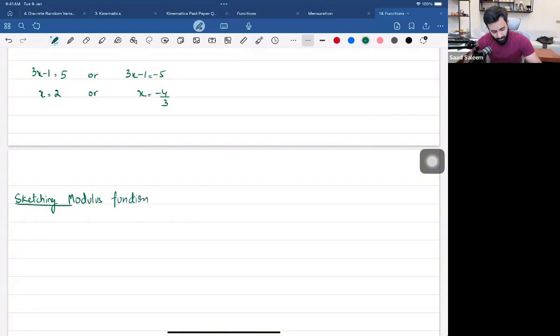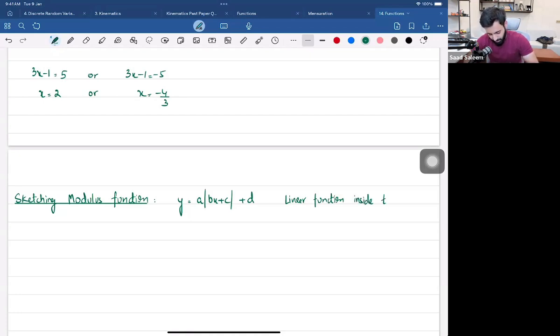Okay. And the following rules that we're about to write down only apply to these kind. y equals a, and then you have bx plus c, plus d. Okay, so you have a linear function inside the modulus.